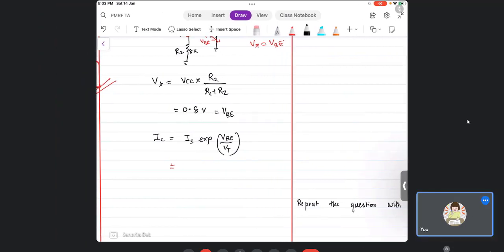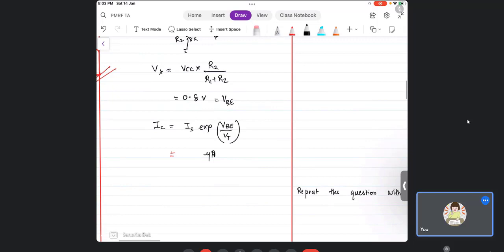What microamperes are you getting? Tell me the value of IC in microamperes.